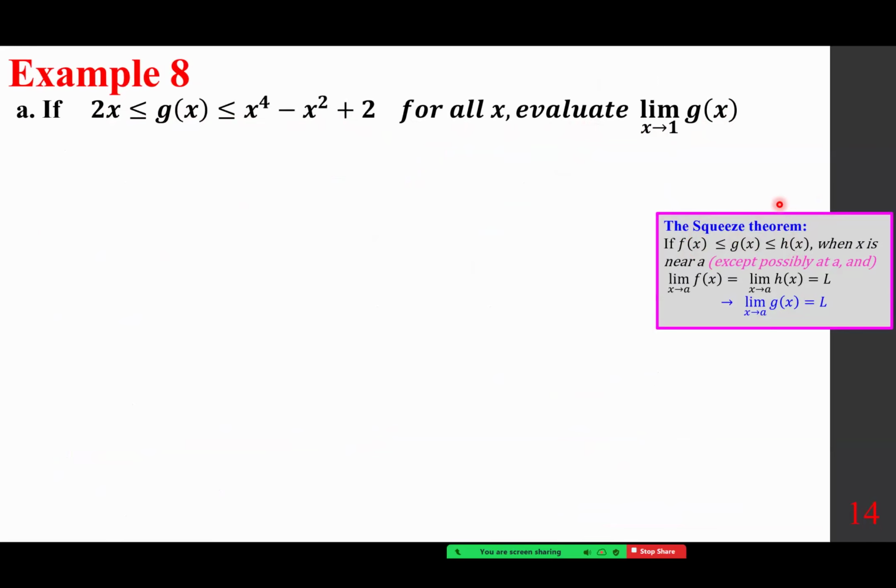So when g of x is in between, and the limit of f of x as well as the limit of h of x, both of them as x approaches a are the same, the one in between results in the same limit. So with that being the case, let's take a limit of 2x as x approaches what number? 1. So it's just plug in, you get 2.